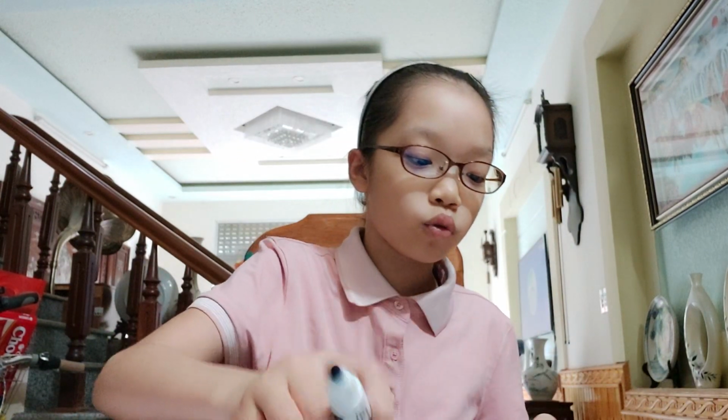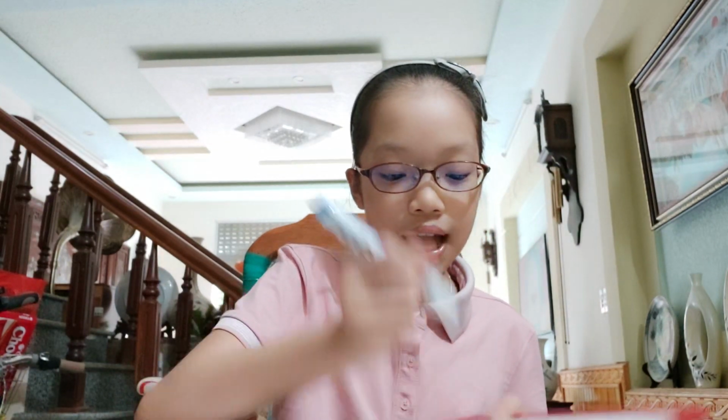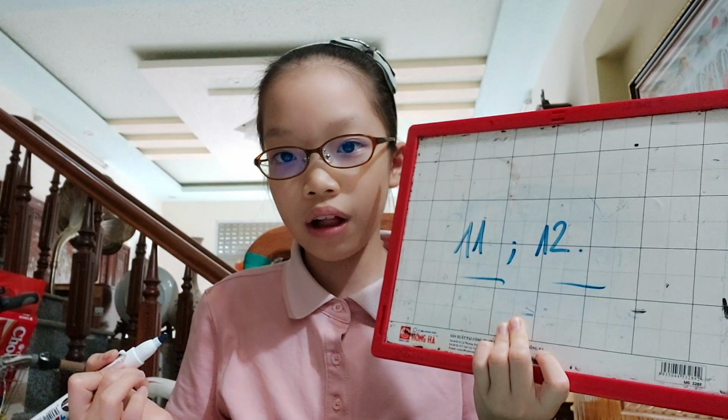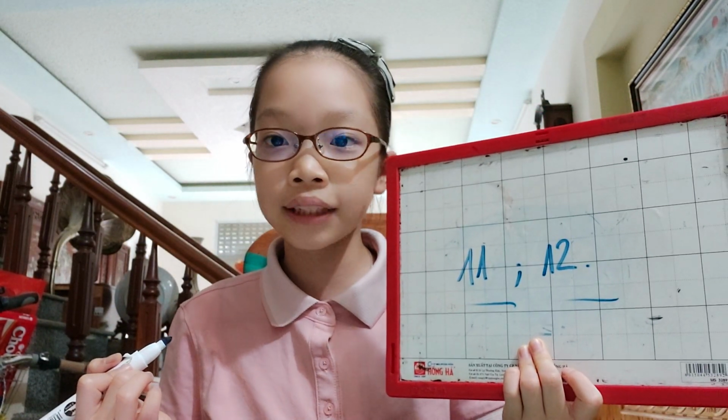And next, we will count 11 to 19. What is interesting about this is that you should remember 11 and 12. So here is the number 11 and here is 12. You must remember how to say 11 and 12. And from 13 to 19, it's super easy, guys.